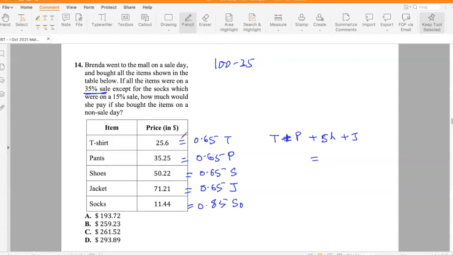So that's about 280.4. And socks would be 11.44 by 0.85. So that would be 13.4 around. So the actual value of these items is 293.8. So that's option D.